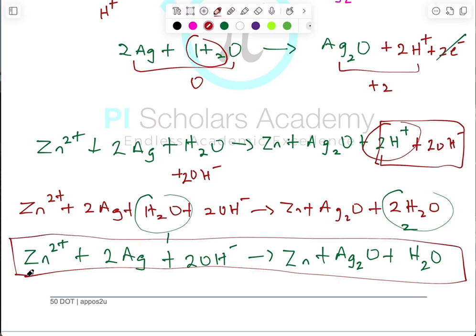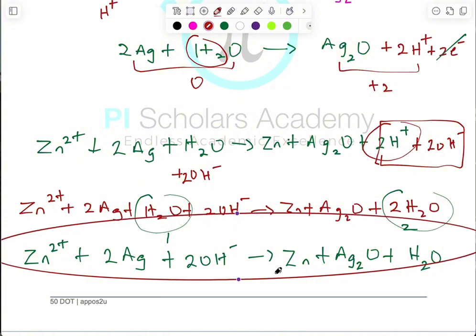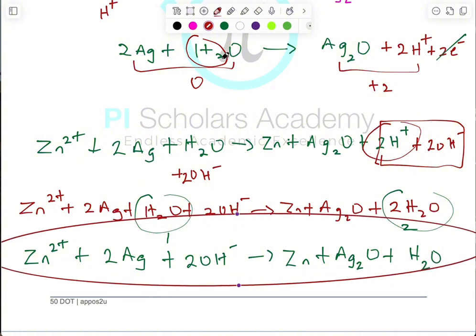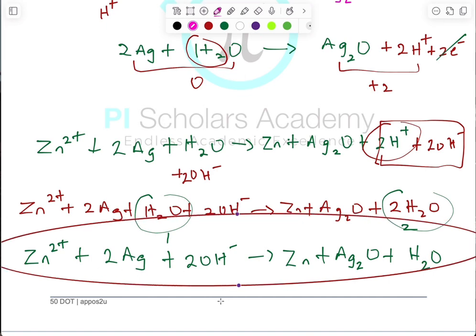So you can confirm atom-wise and also charge-wise. From the left, how many zinc do we have here? We have 1 zinc. And then how many zinc do we have here? 1 zinc. How many silver do we have here? 2.